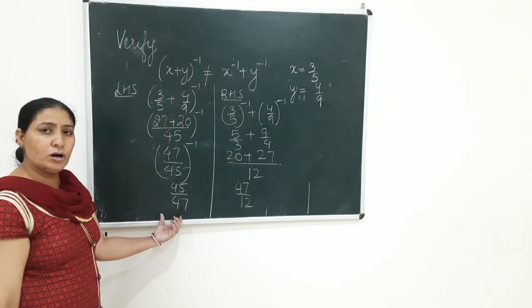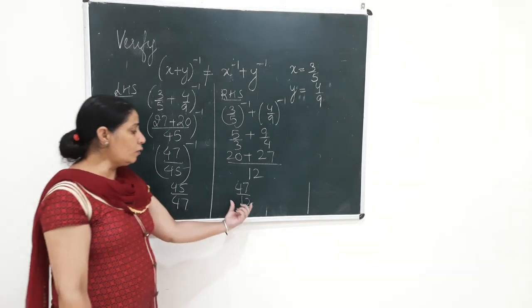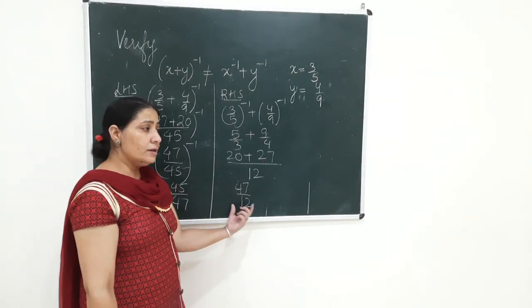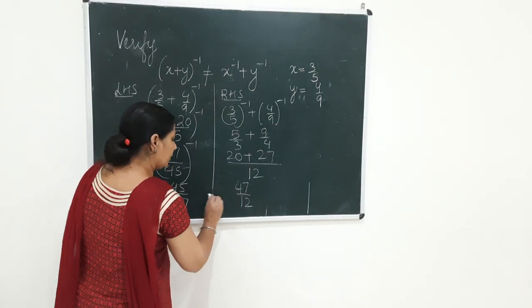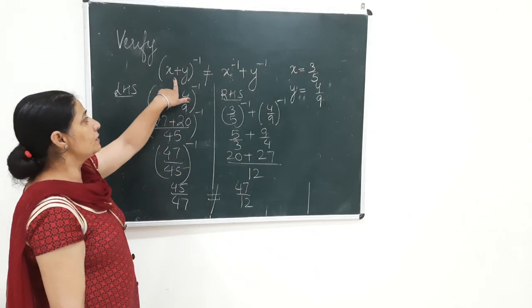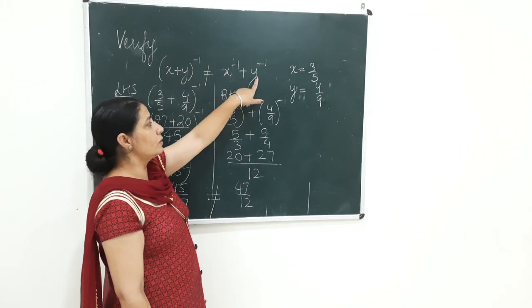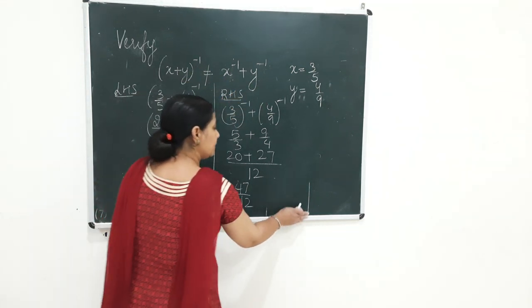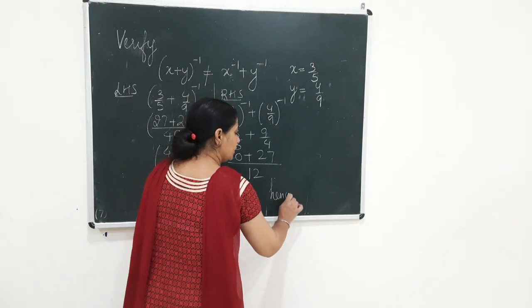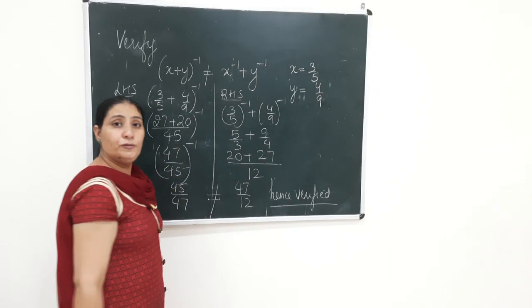What is the answer you got this side? 45 by 47. Here what you got is 47 by 12. That means they are not equal. And this is what we wanted to prove, that (x plus y) raised to power minus 1 is not equal to x power minus 1 plus y power minus 1. So hence it is verified. Hope all of you are clear.